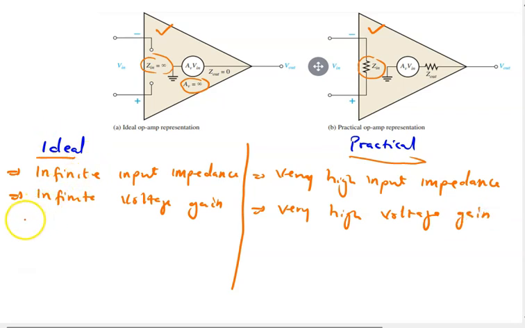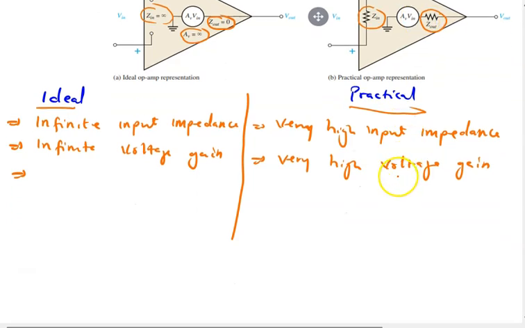Then what again? We can see that the output impedance is considered as 0 over here. But here they recognize the output impedance. We have an output impedance at this end. So how can we differentiate it? We say that for the ideal, the output impedance is 0. So it has 0 output impedance.